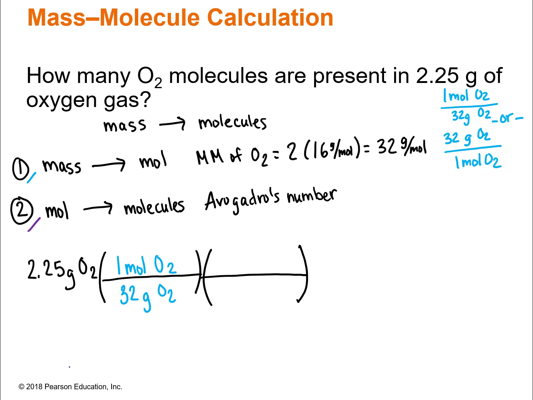The top or the bottom? We're going to put it in the top. So what we're trying to keep, we're going to put in the top in this case. Because remember, we want moles to cancel.